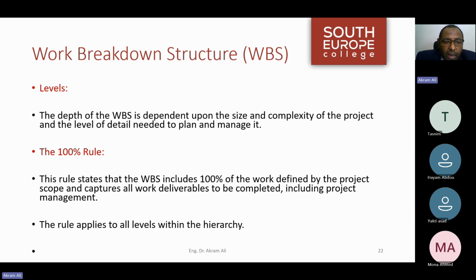So we have a 100% rule, and this rule states that the WBS includes 100% of the work defined by the project scope and captures all work deliverables to be completed, including project management. The rule applies to all levels within the hierarchy.